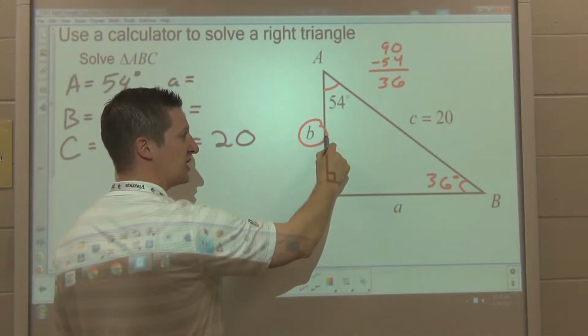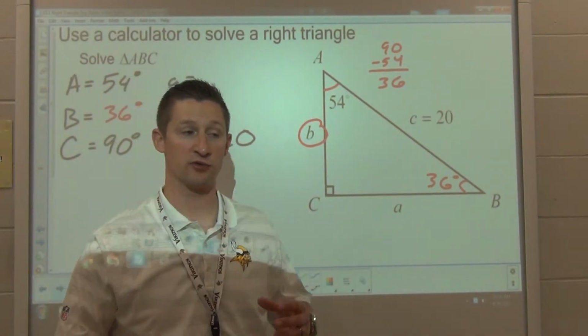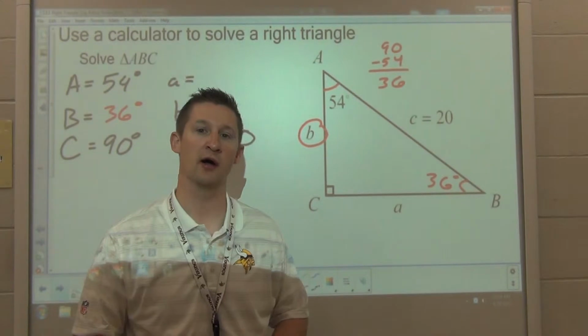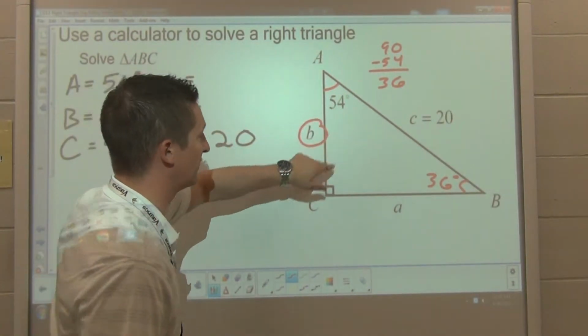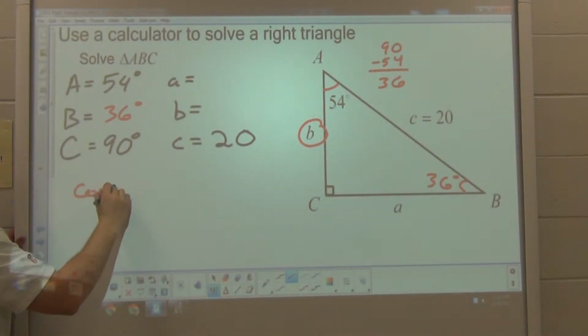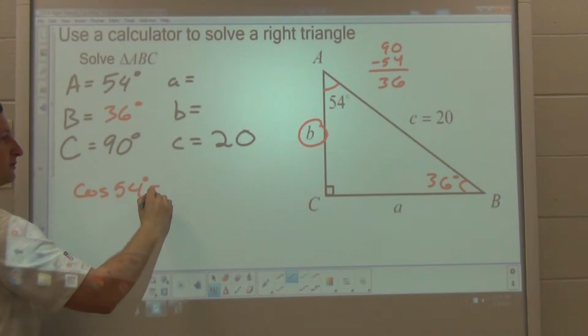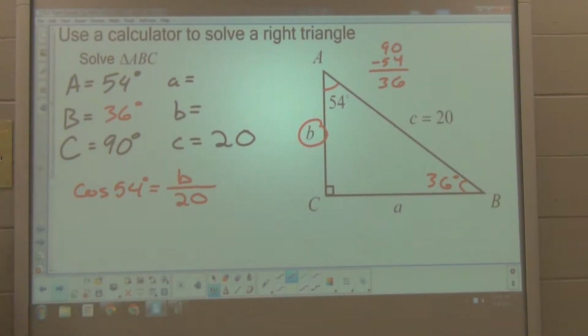And if this side is adjacent, well, think about what we know. We know the hypotenuse. Relating my trig functions using SOHCAHTOA, CAH was adjacent over hypotenuse. Cosine of 54 will be equal to the adjacent over the hypotenuse. I'm going to write that out. Cosine of 54 degrees is equal to the adjacent side over the hypotenuse.